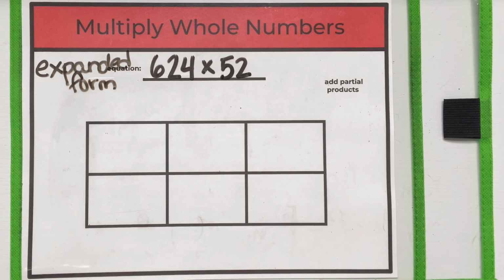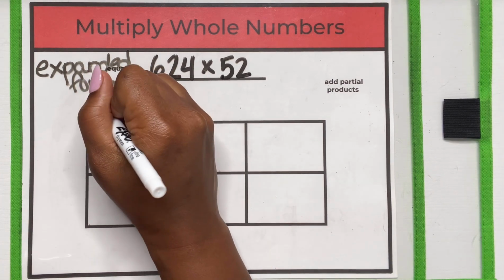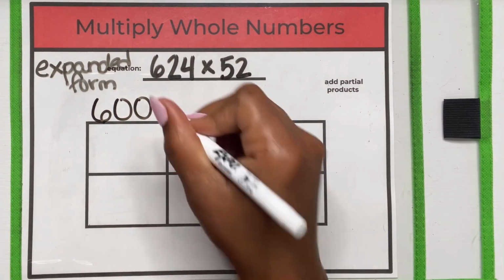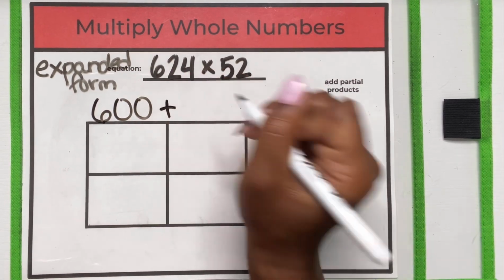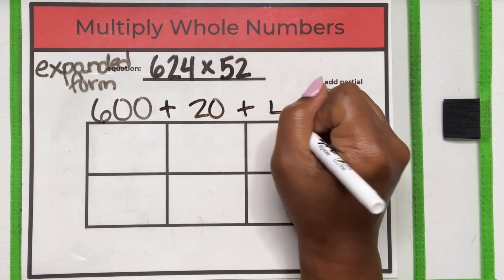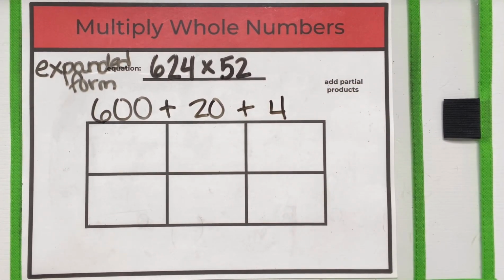So 624 in expanded form would be 600 plus 20 plus 4. So you're going to write 600 here, plus sign 20, plus sign 4. 600 plus 20 plus 4.